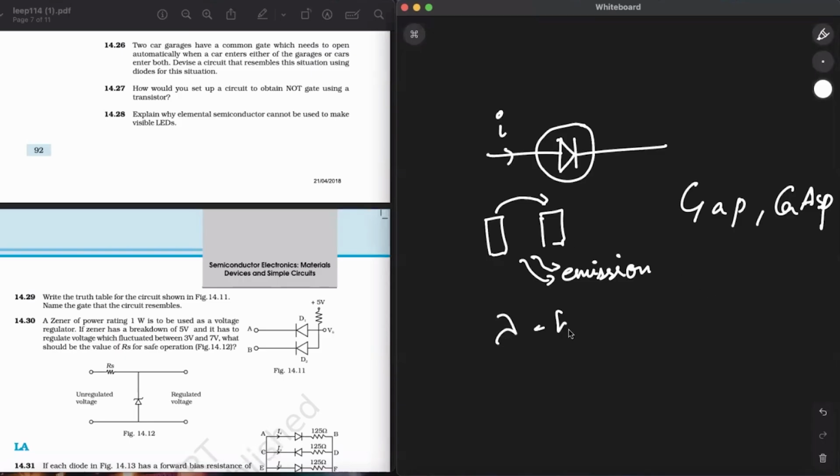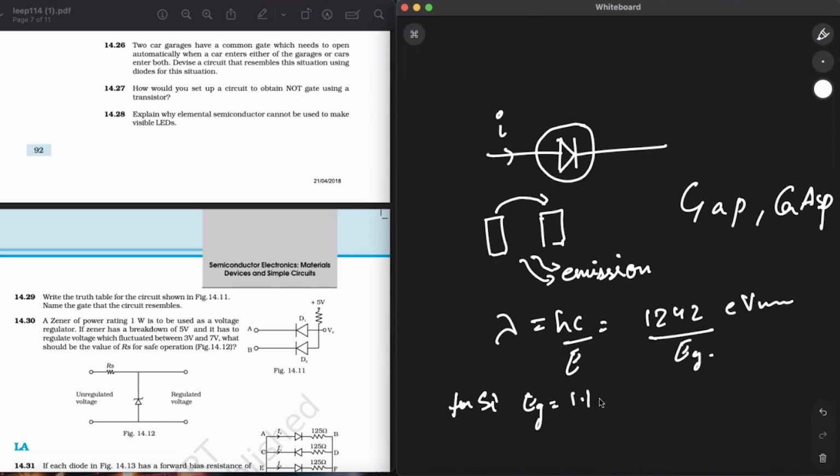Lambda is equal to c upon E. So I can write 1242 electron volt nanometer divided by E. For silicon, the band gap Eg is equal to 1.1 electron volt, so it will be 1242 upon 1.1, which is equal to 1129 nanometers.